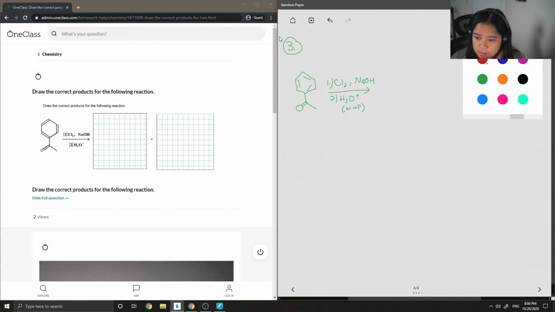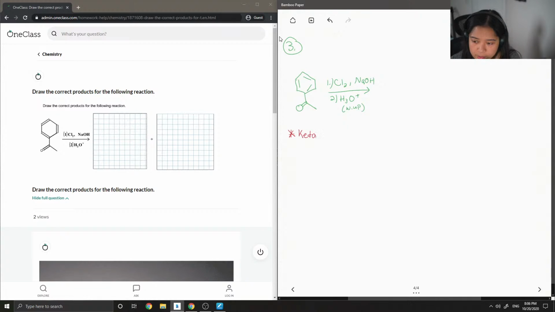Okay. So when you have these reagents like the chlorine reacting with a ketone group, first the ketone will react. Then a hydrolysis reaction takes place to form a carboxylic acid group.